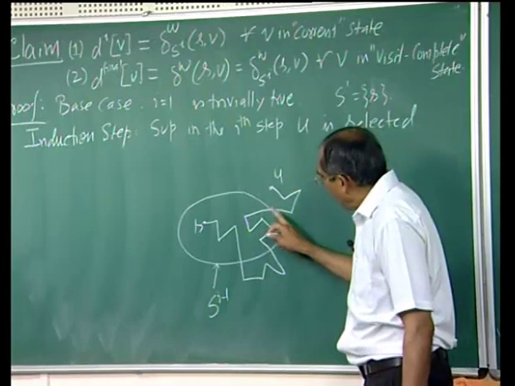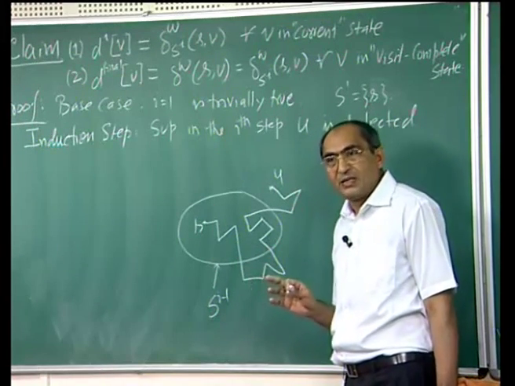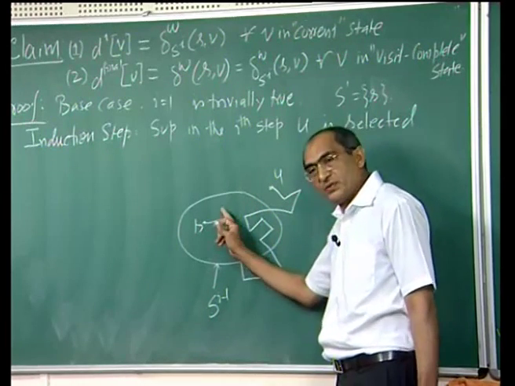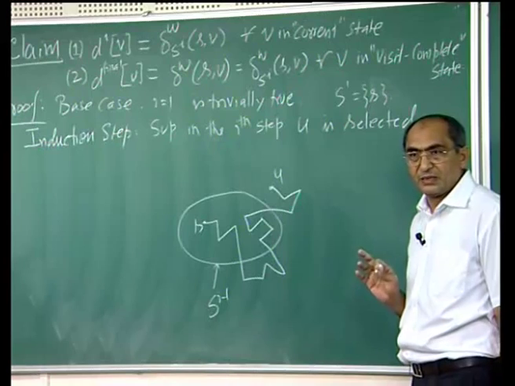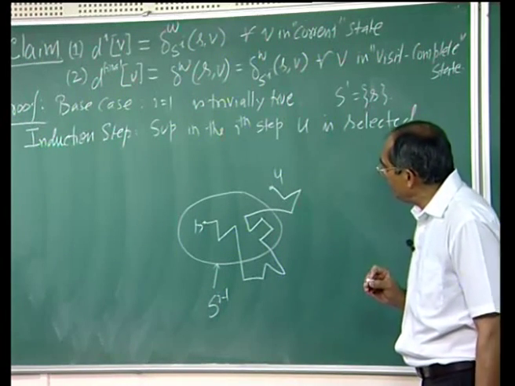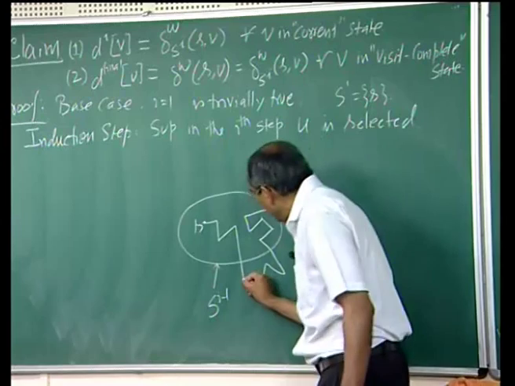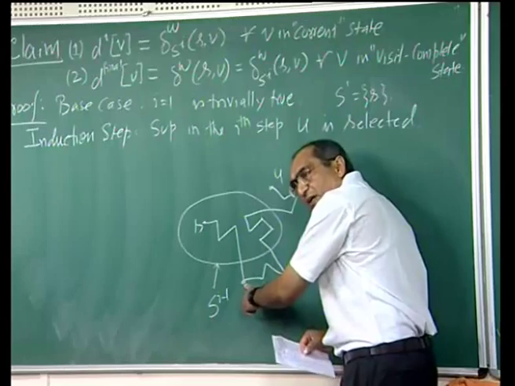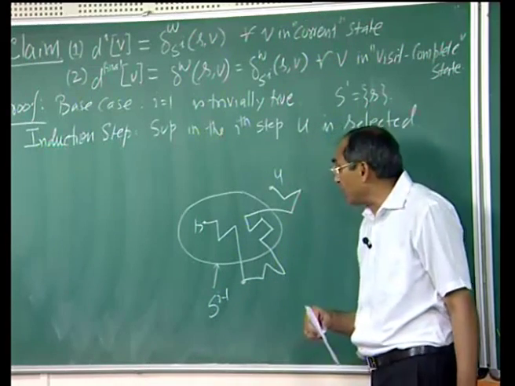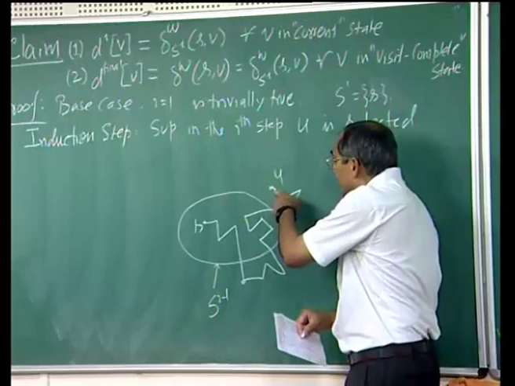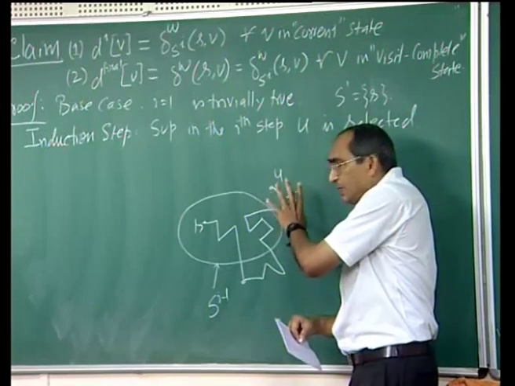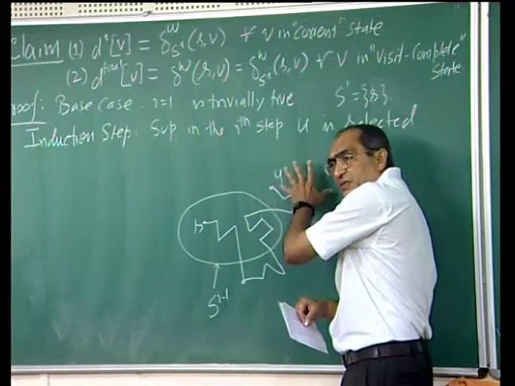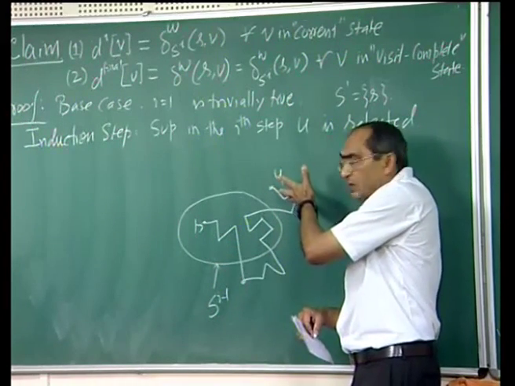So the weight of this path is what? Delta W S U. This is in the absolute sense one of the shortest paths without any restrictions. So consider the path, start from S, and look at the first vertex that goes out of S_{i-1}. Remember, there is U which is outside this. This is the picture with respect to i minus 1. So certainly there is one vertex which is outside, so this path has to go outside S_{i-1}.